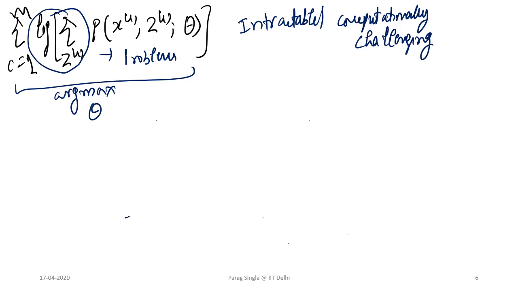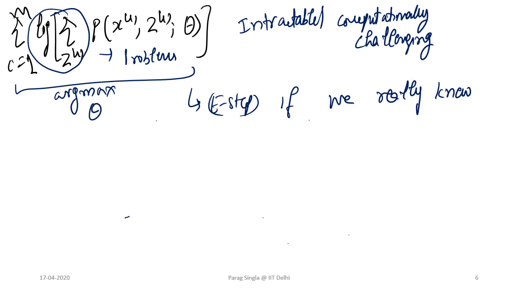And how did we really solve this in the case of GMMs? We made the assumption that we could do this using a two-step process: if we really knew the thetas, then we could estimate the zi's.